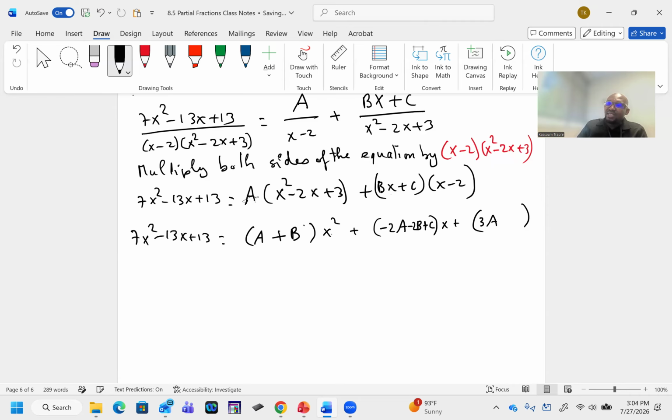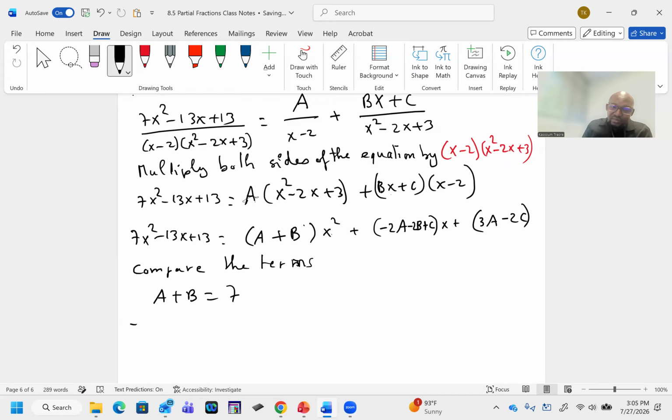And then we have c times negative 2, which is negative 2c. So now we compare the terms on both sides as well by using what? The x power. So we'll see we have x squared, so we'll know a plus b should be equal to 7.